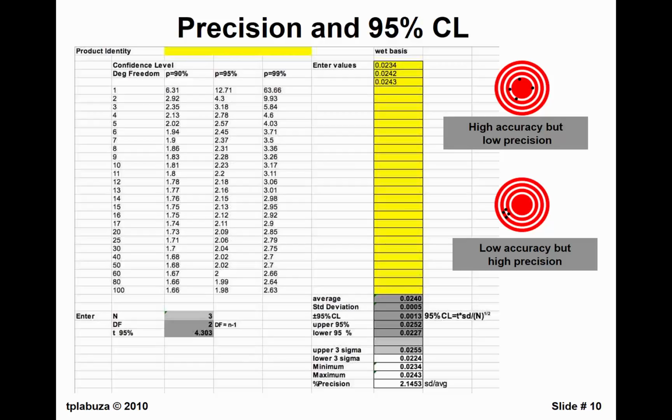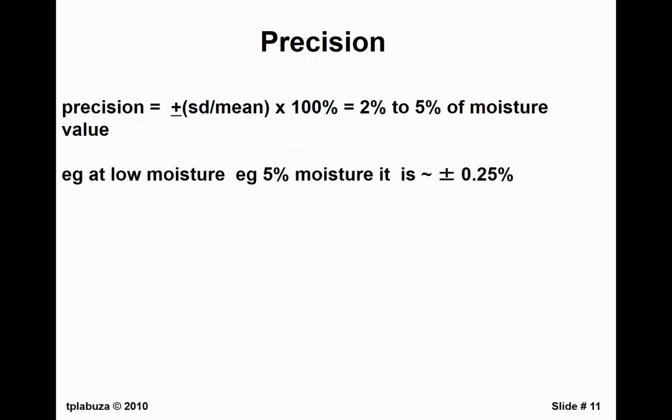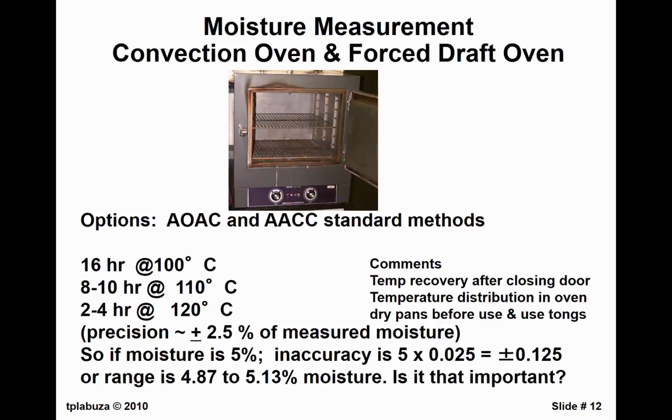This is low accuracy, but high precision. So that's one way you can look at accuracy versus precision. People always get that mixed up. For moisture contents, in most cases, the precision is about 2% to 5% of the moisture percentage. So if we had 5% moisture, the precision is about 0.25%, telling you how precise you can be between measurements.